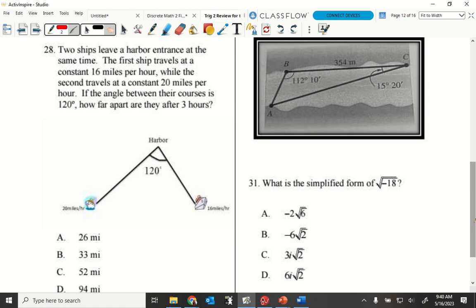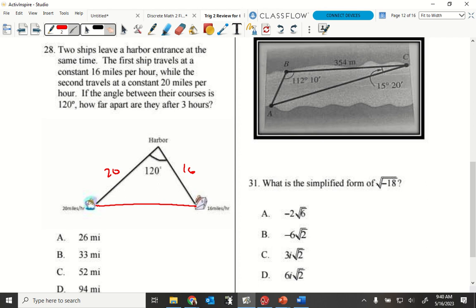Anyway, two ships leave the harbor at the same time. The first ship travels at a constant 16 miles per hour, while the second, this one right here, is 20 miles per hour. Find how far apart they are after 3 hours.